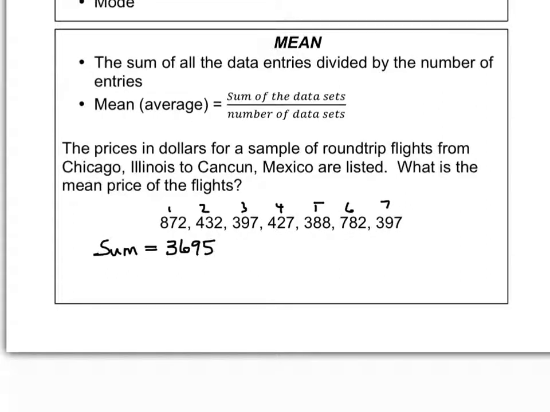So I'm going to take that 3,695 and divide it by 7, and that gives me 527.86. I rounded to the nearest hundredth because we're dealing with prices. This is my mean, or my average. The average price of a flight from Chicago to Cancun is $527.86. Okay, so that covers the mean.